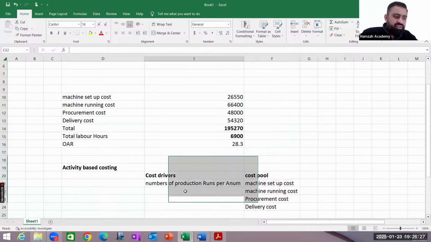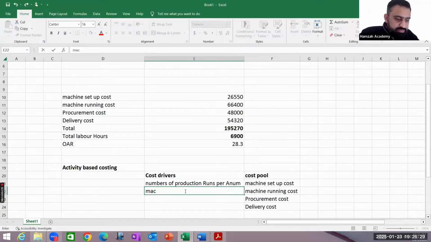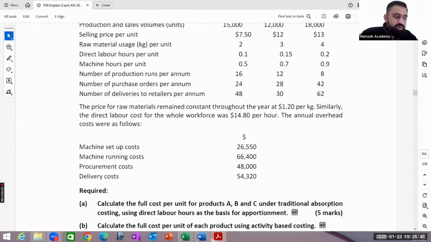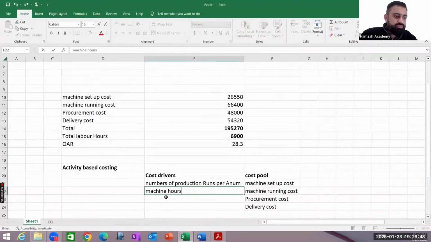For machine running cost, the machine hours would be the appropriate cost driver. For procurement cost, the cost driver would be purchase orders.